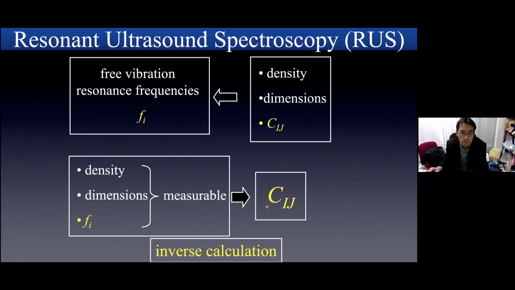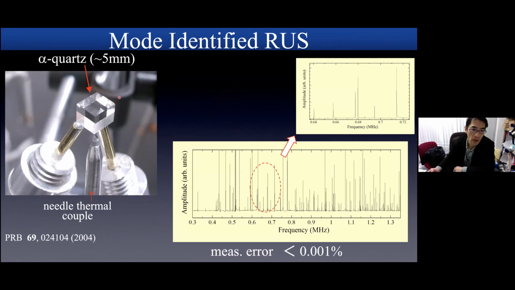For example, using this device, we can measure many resonant frequencies, more than 100. In this case, we used 2 ultrasonic needle transducers. This is one transducer, and we apply a sinusoidal voltage to it, which causes a vibration in the material.